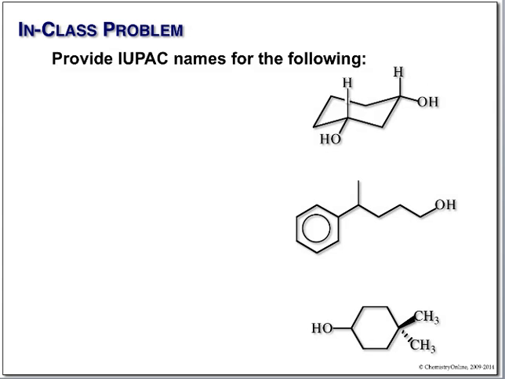So we either have to call these cis, or we could call them Z. An acceptable name would be cis-1,3-cyclohexane diol. Make sure that as you look at this structure, it is very obvious to you that this is cis or Z stereochemistry.